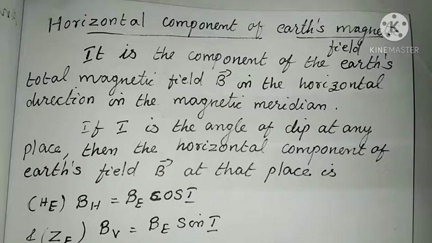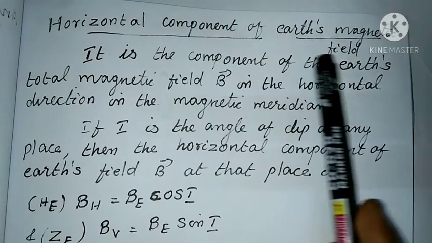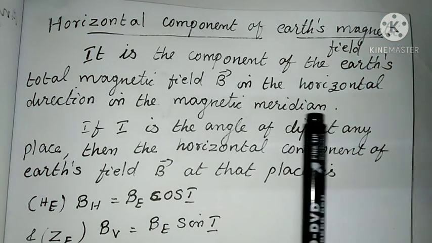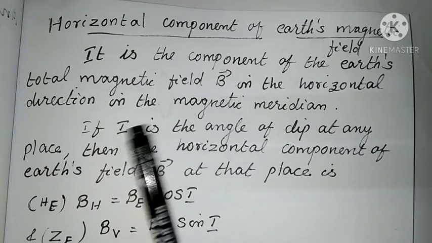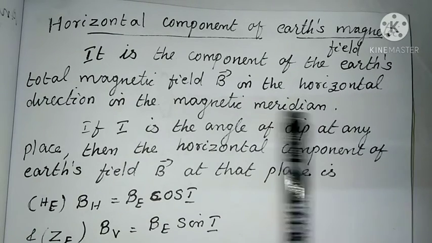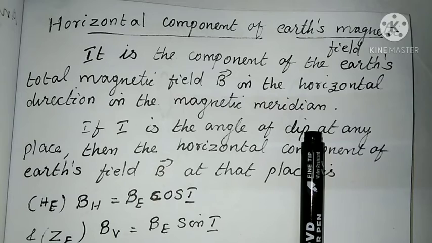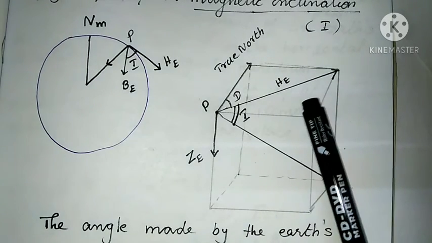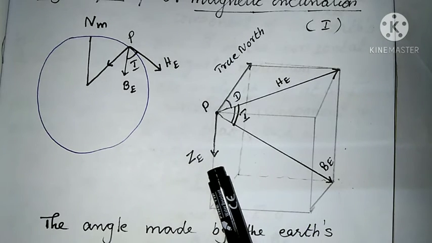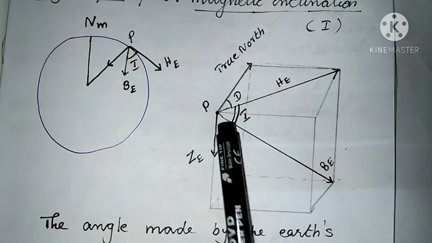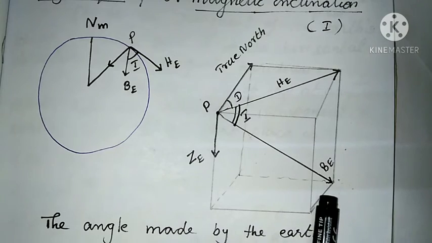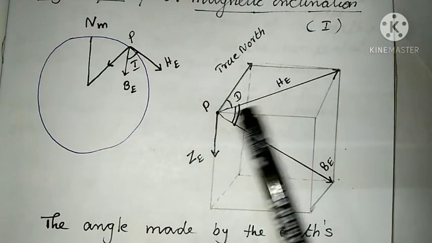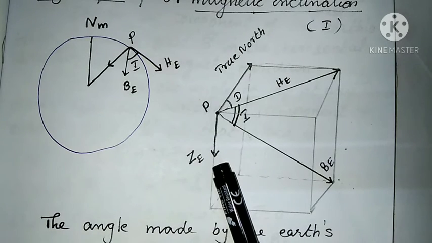The third element is the horizontal component of Earth's magnetic field. It is the component of Earth's total magnetic field B vector in the horizontal direction in the magnetic meridian. From this figure, you can understand the horizontal and the vertical component of Earth's magnetic field. Here the Earth's magnetic field BE splits up into HE, the horizontal component, and ZE, the vertical component.